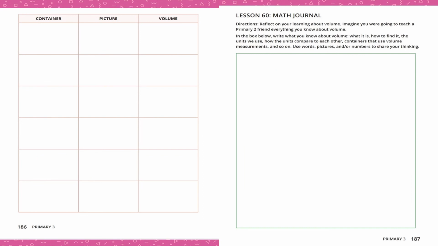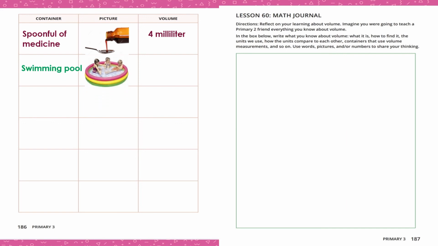Let's continue our examples. Spoonful of medicine. Its volume about what? The first, its unit, liter or milliliter? Yes, milliliter. So its volume about 4 milliliter or 3. Swimming pool.